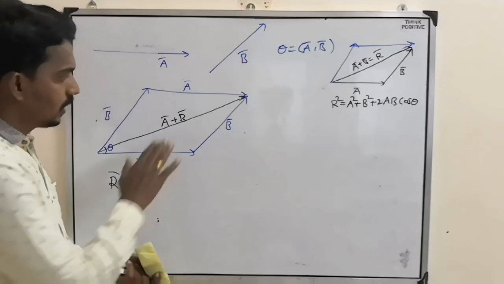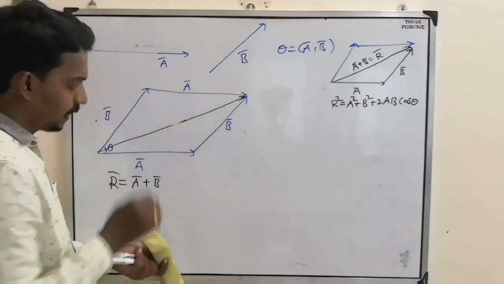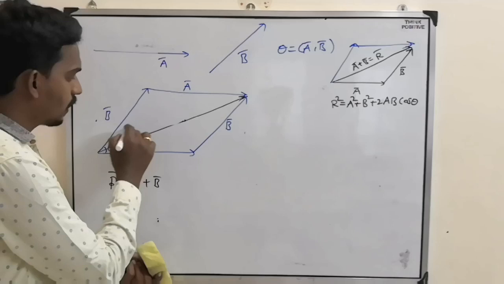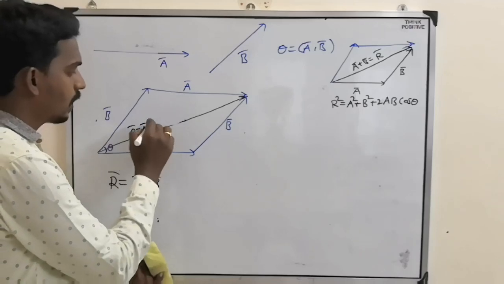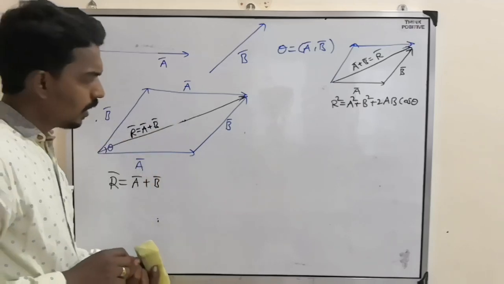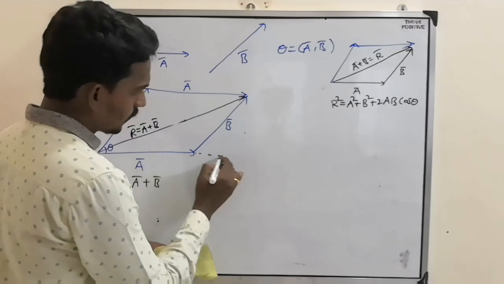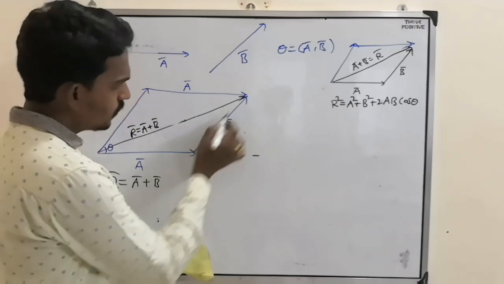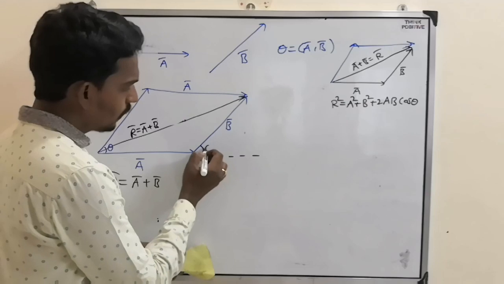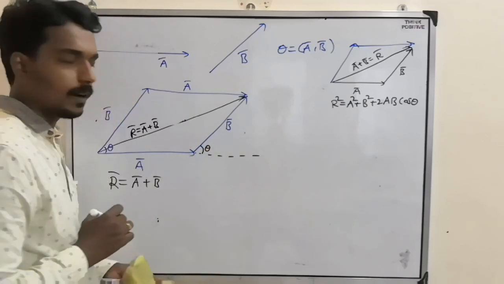To find that, see, let's take here. So this is our R bar, which is A bar plus B bar. Now, this is the A bar direction, extend it. This is B bar, and the angle between A bar and B bar is theta.